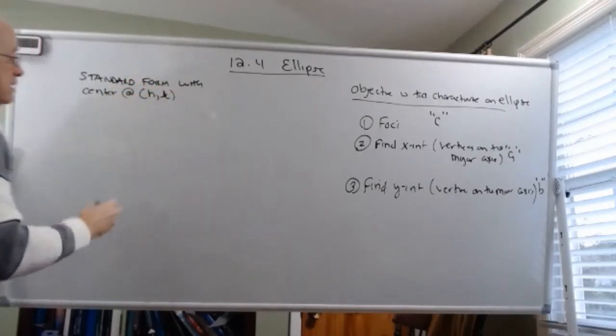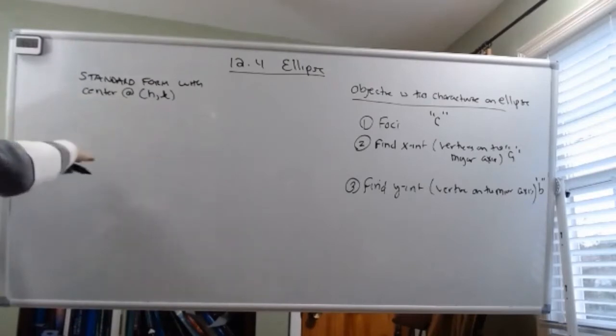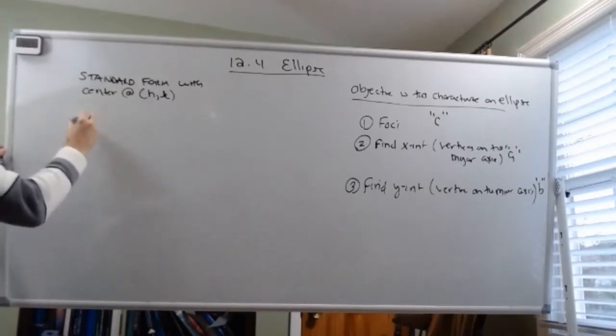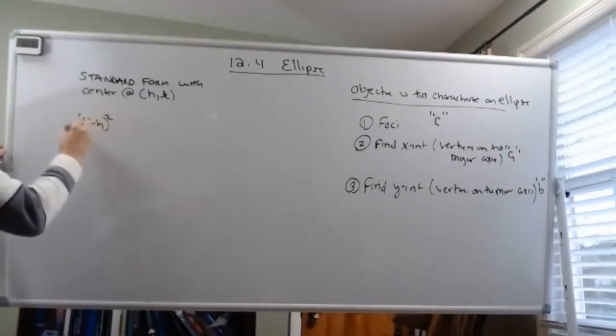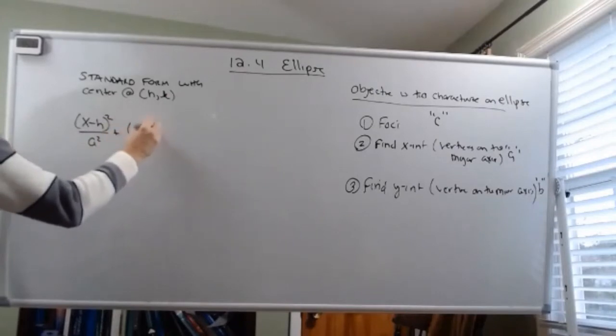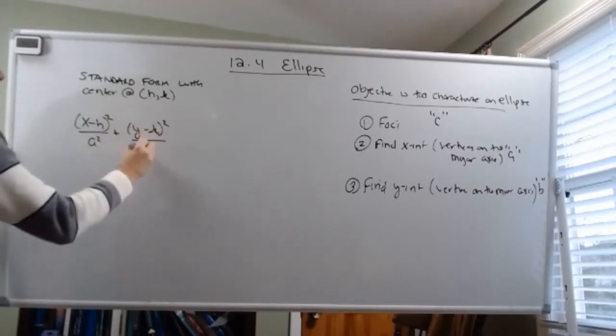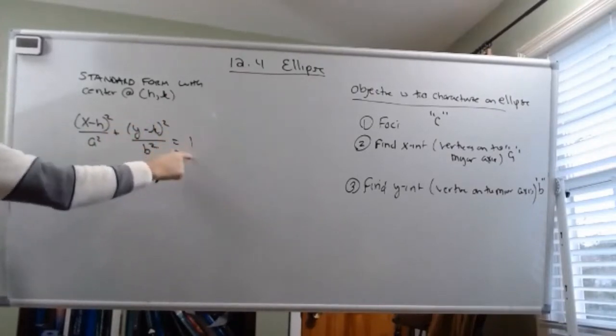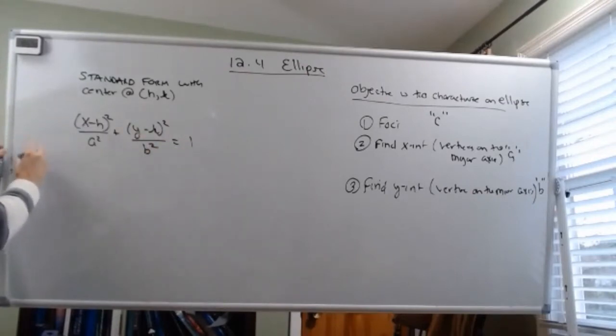So what would it look like? As long as my major axis is horizontal, it'll look like this: x minus h quantity squared over a squared plus y minus k quantity squared over b squared equal to 1. Notice we have a 1 on this side. And we have b squared is equal to a squared minus c squared.